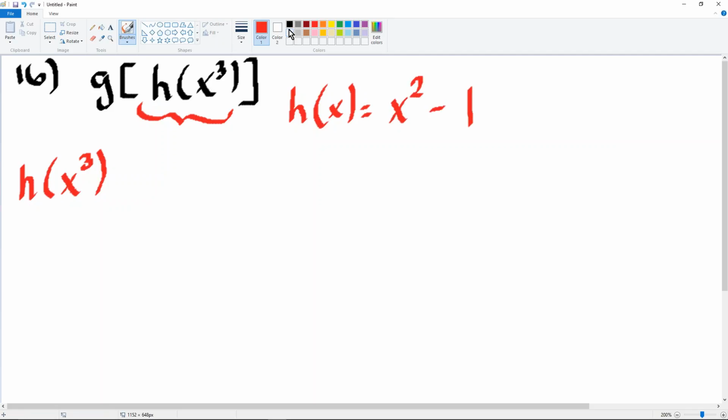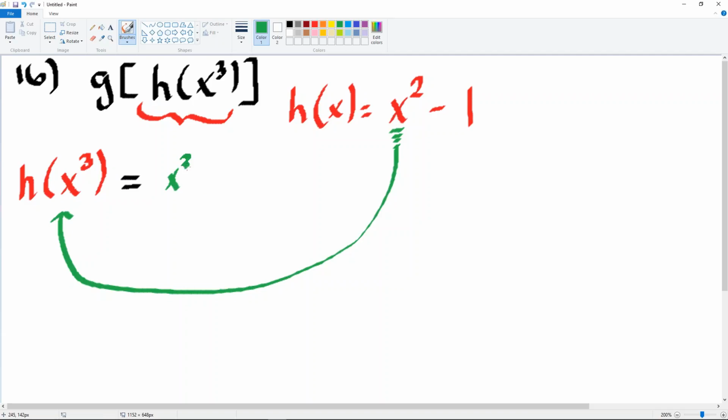If you want to do h of x cubed, that means everywhere you see an x, you're going to place a what? X cubed. Right, so I see an x, so I'm going to have an x cubed. But what is happening to this x here?